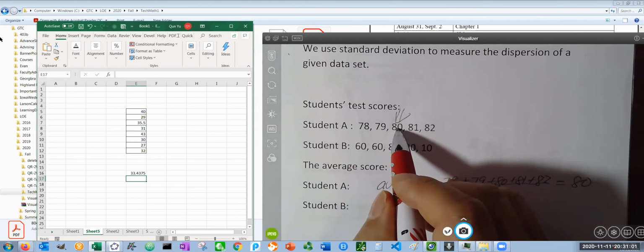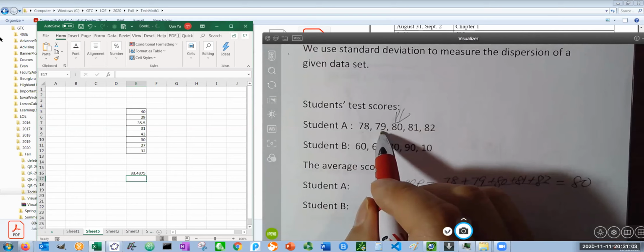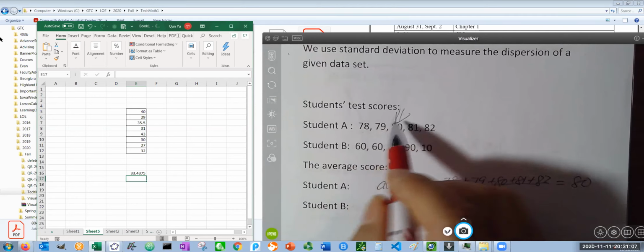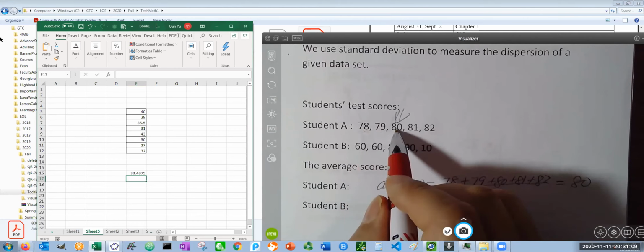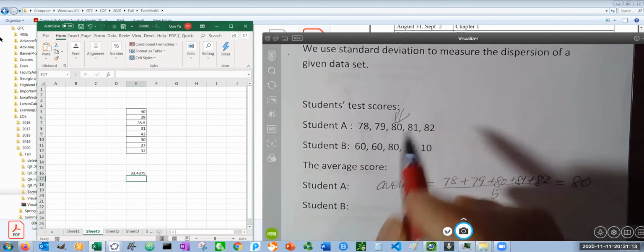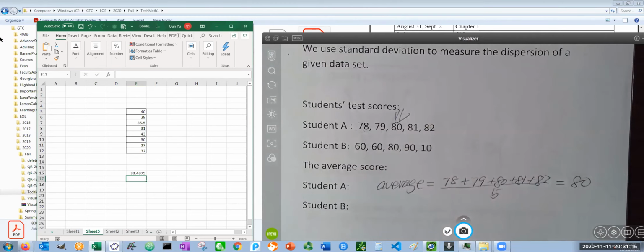Say this is in the middle: 1 to the left is 1 less than 80, 1 to the right is 1 more than 80. 2 to the left is 2 less than 80, and 2 to the right is 2 higher than 80. Symmetric. Whenever you have a symmetric data set, the median and the average are going to overlap. They are the same thing, or very close to each other.